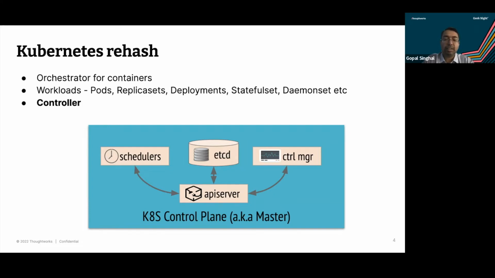As you see in the diagram, we have the Kubernetes control plane where we have the API server, scheduler, etcd, and controller manager. The API server is the only entry point, or I would say the component, which provides connectivity to all the internal and external entities.